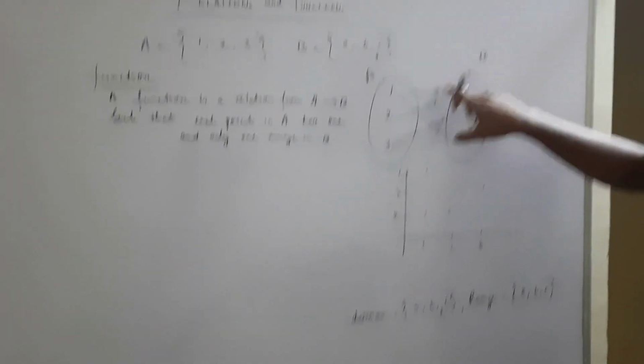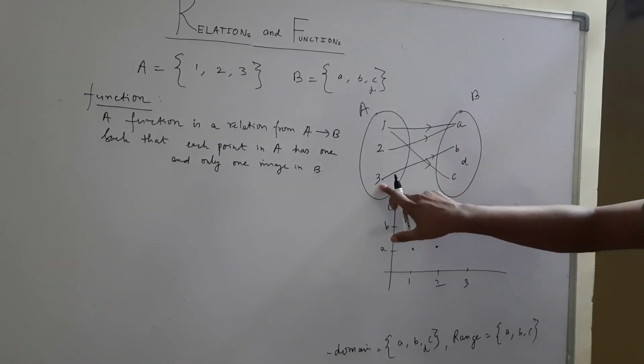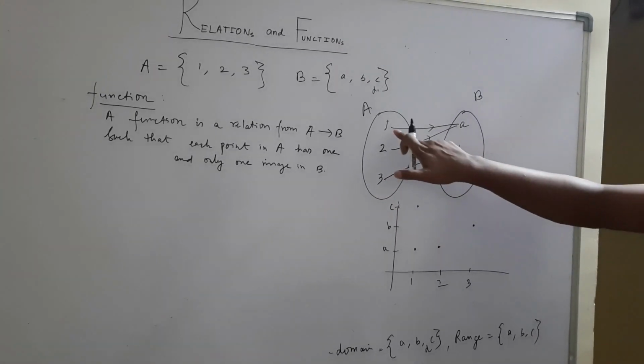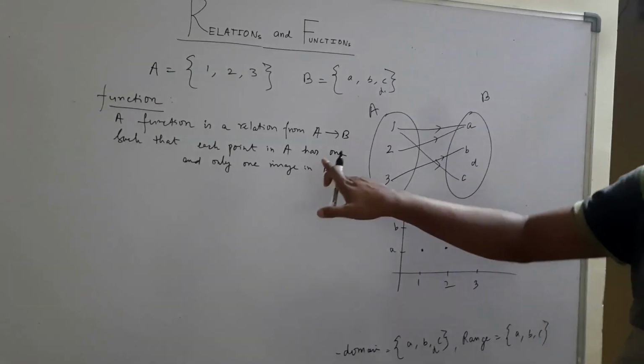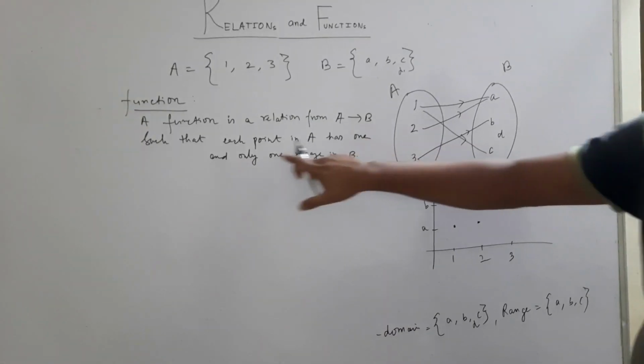So A is the image of 1, B is the image of 3 and C is the image of this. So by definition, each point in A has only one image.